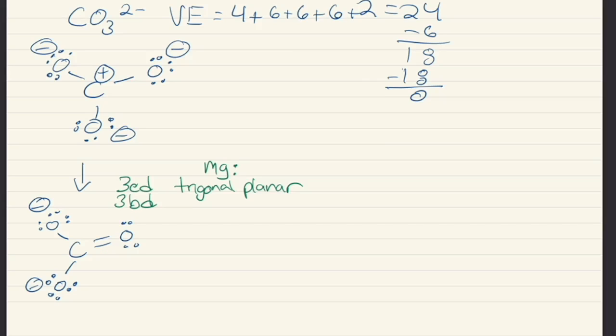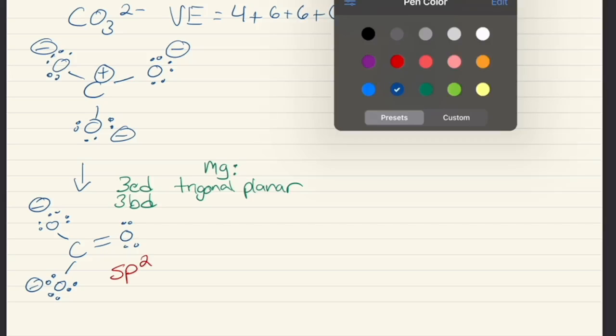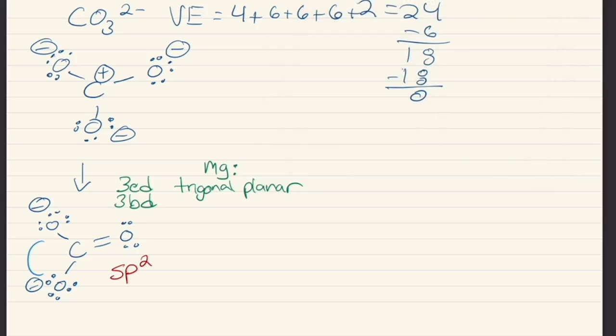If we want to take it a step further, we have sp2 hybridization on the carbon. Okay. Why? Because there's 3 domains. We should also expect what bond angle? 120 degrees. Because of 3 domains, right? All of this you should be able to do.